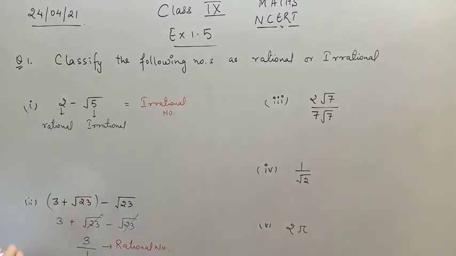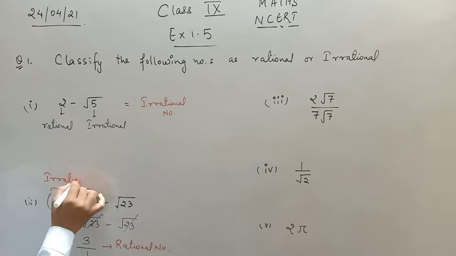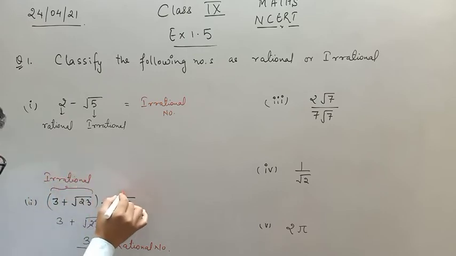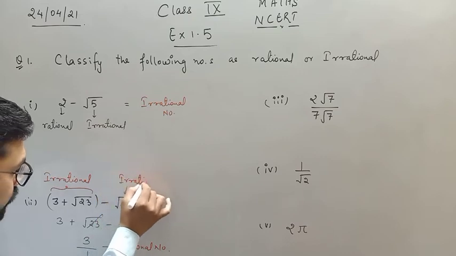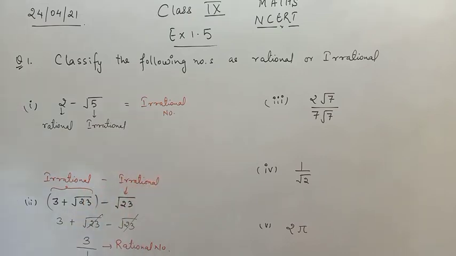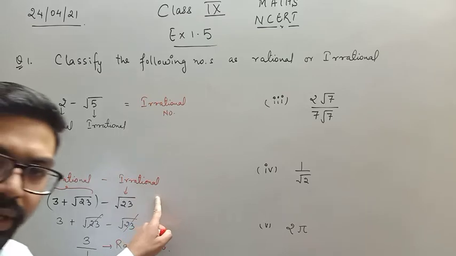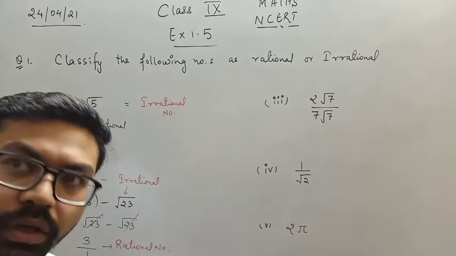This number is irrational. This number is also irrational. So irrational minus irrational can give you a rational or irrational number.